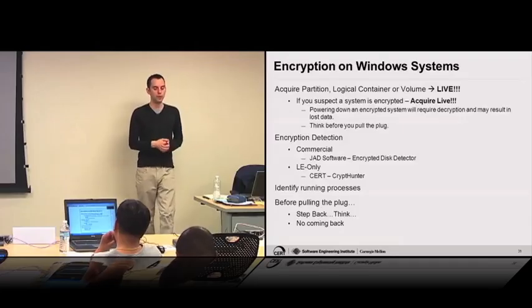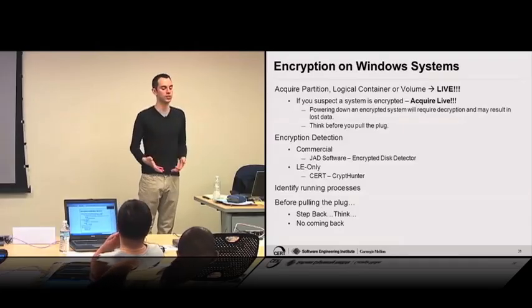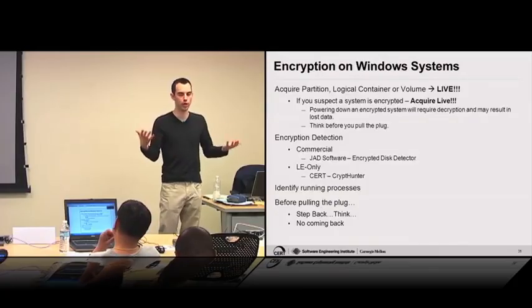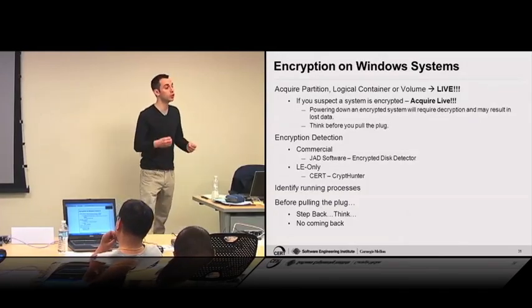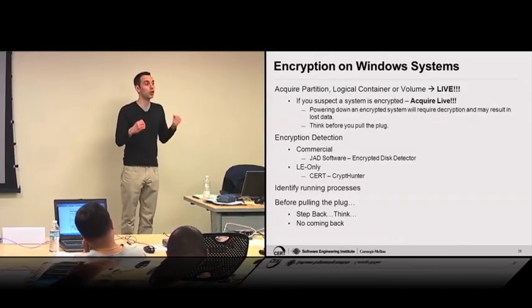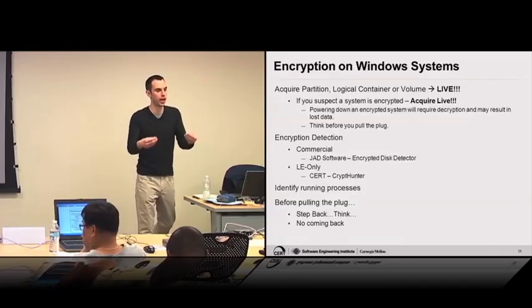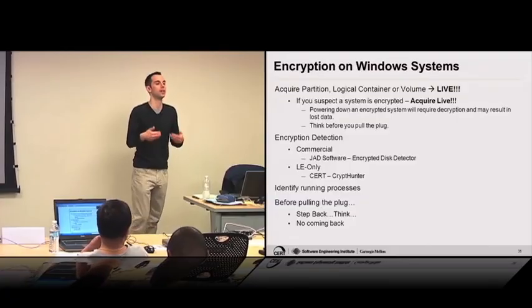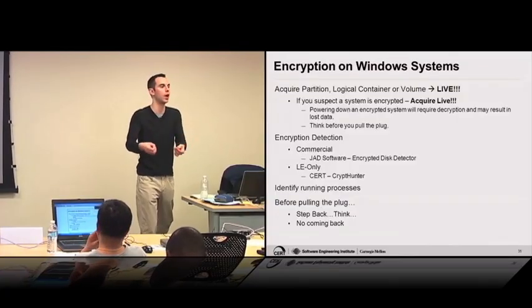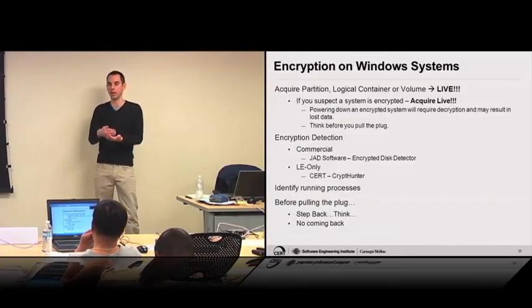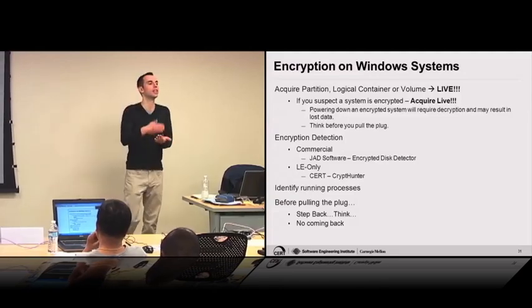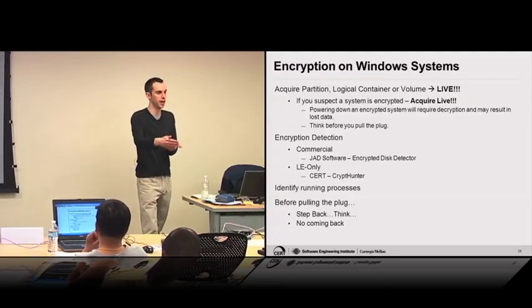If you get access to that system and run FTK Imager or whatever else, and you image physical drive 0, you're imaging the encrypted contents, right? You're not imaging the decrypted contents. You want to image drive letter C or volume 0 or whatever it is. You want to get the volume, not the physical disk, in that case.